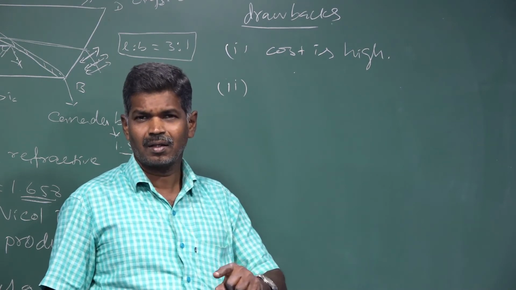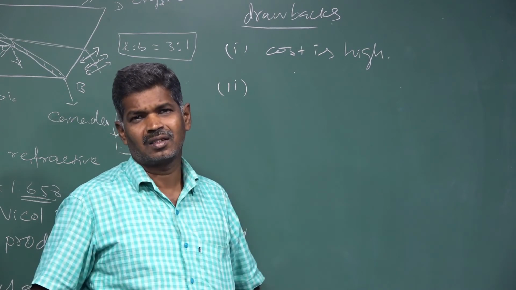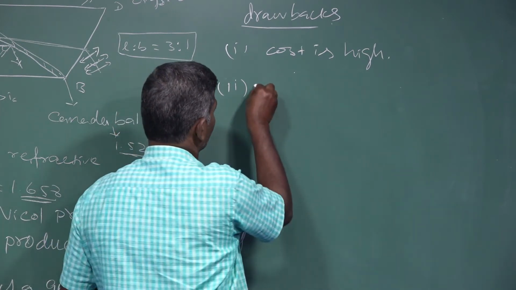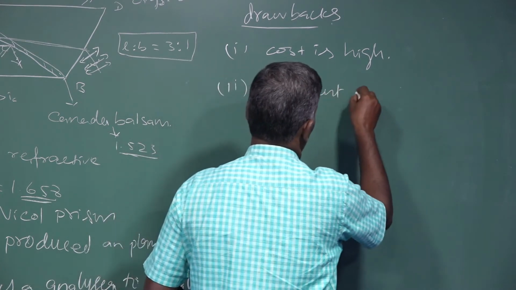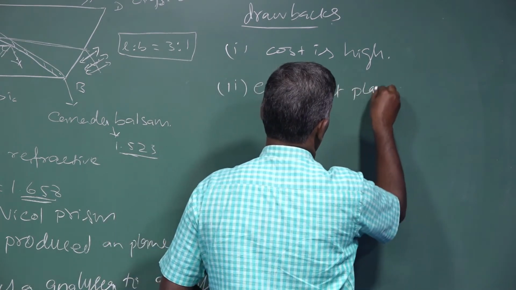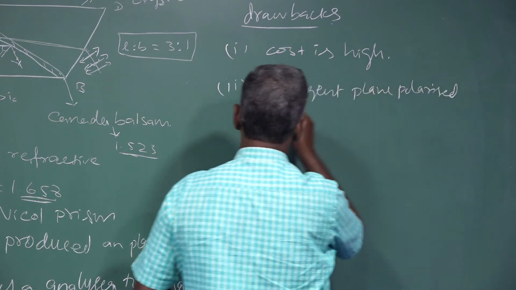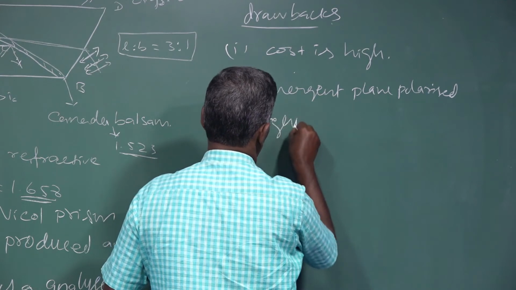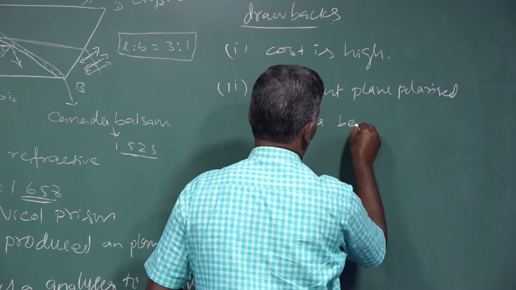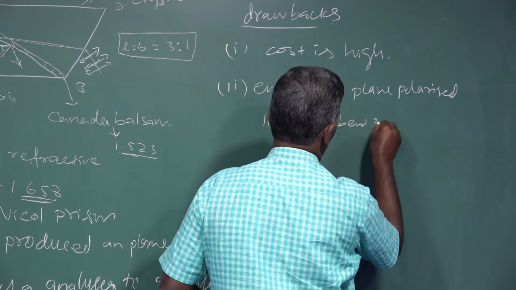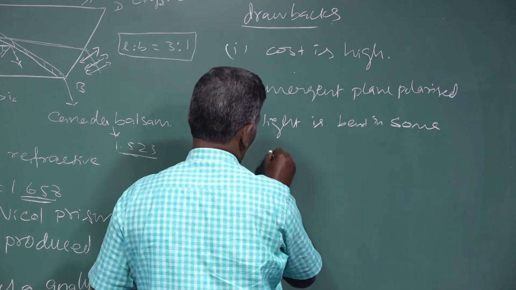It is plane polarized light, slightly deviated in certain directions. Emergent plane polarized light is deviated or bent in some directions.